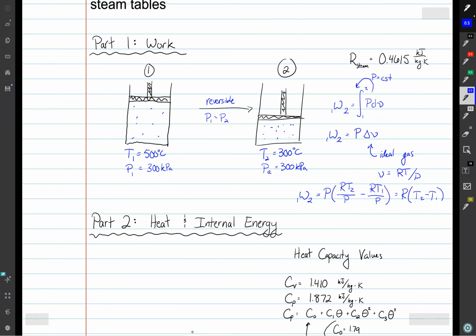I didn't leave us too much space, but we can finish calculating the work. That would be R, which I have written down from our tables up here, so we could look that up. 0.4615 times the change in our temperature.